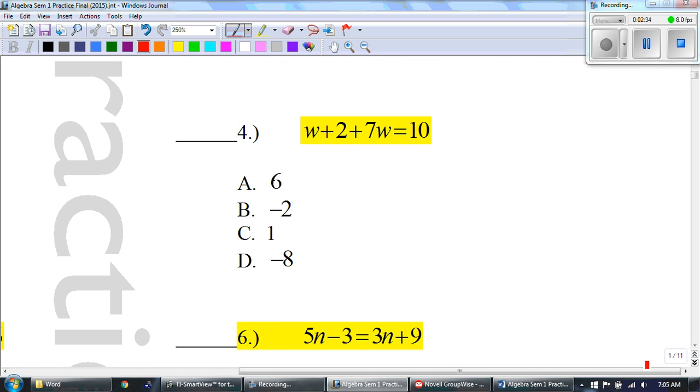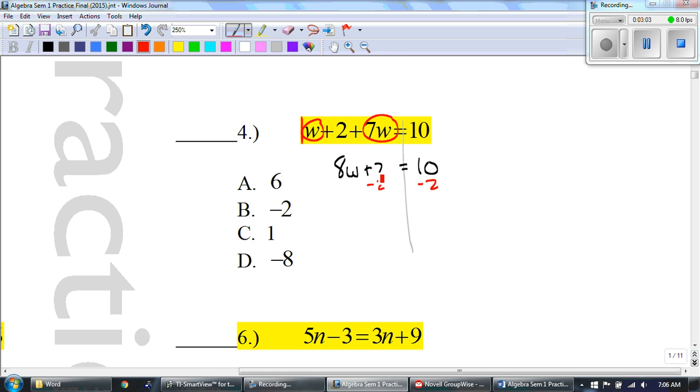All right, number 4. First we're going to draw the line, but then we need to combine like terms. So I'm looking for things that are the same. I have w plus 7w, so I need to add those together. Now remember, at the very beginning, we have 1w. So 1 plus 7, we get 8w plus 2 equals 10.